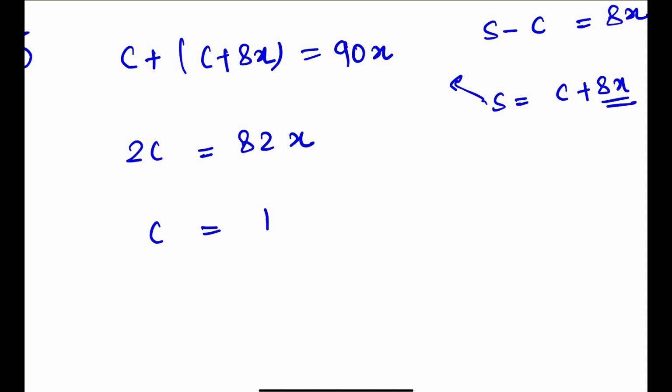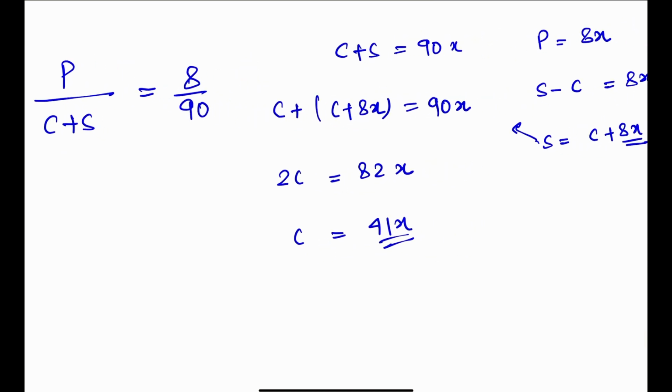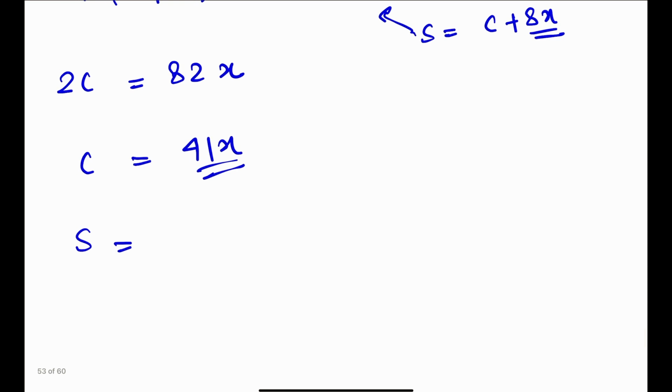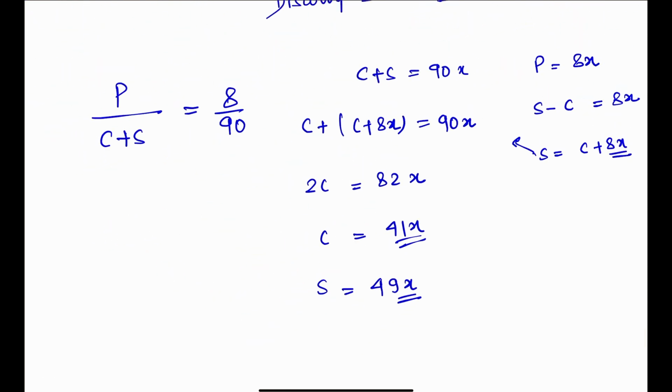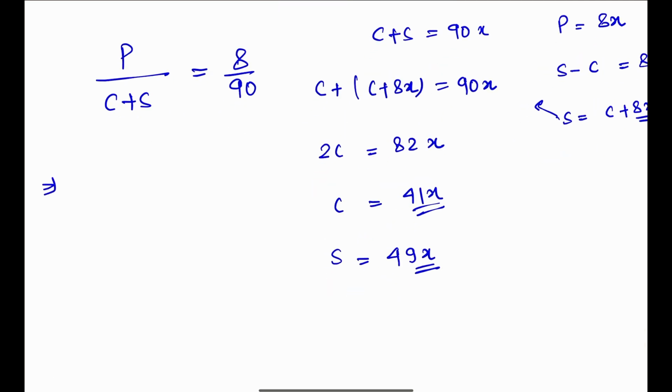My C will be 41x. So I already got my value of C, that is 41x. So if my C is 41x, my S will be 49x, right?